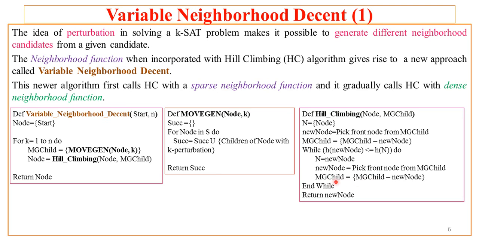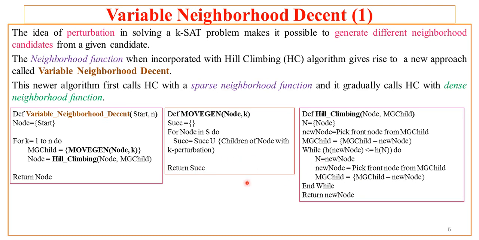And here, if we see carefully, now our n is the new node, the earlier new node which we picked, and the new node is the node fetched from the mg child. This way it will iterate, and it will try with all the children generated out of the current, and at the end it will return the better heuristic child.